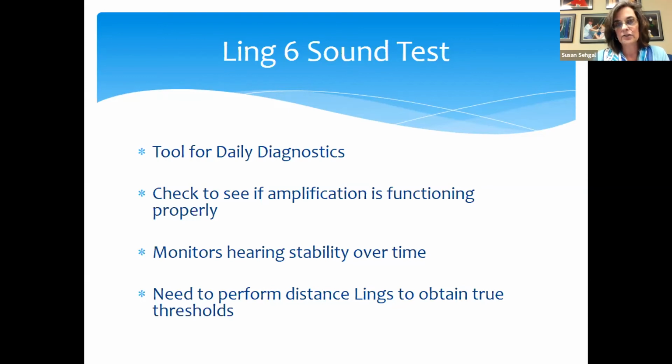A final consideration when doing the Ling 6 sound test is we need to perform distance lings to obtain the true threshold. So what is the furthest distance in which the child can identify all 6 Ling sounds? And so we would want to be able to find that out because that will help us know if there's any change in hearing stability over time.